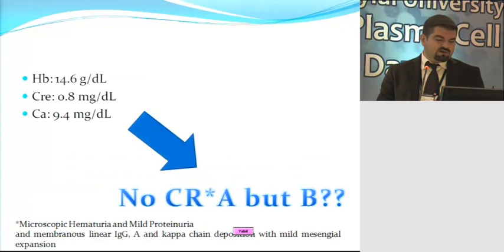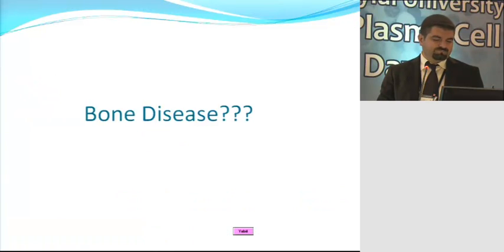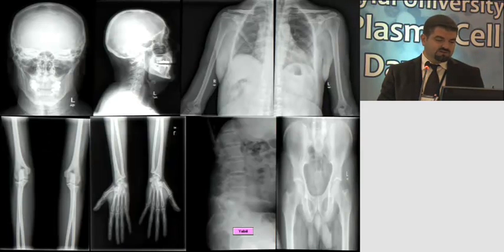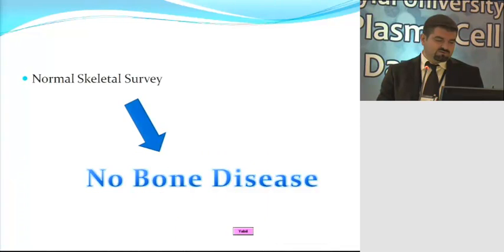He had no anemia, no renal failure, no hypercalcemia, so there was no CRAB, but B was a question mark. And also a question mark for R, because he had microscopic hematuria and mild proteinuria, and membranous linear IgG, A and kappa chain deposition with mild mesangial expansion. He had no adverse cytogenetic risk factors. Regarding bone disease, the skeletal survey was all normal, so there was no bone disease.